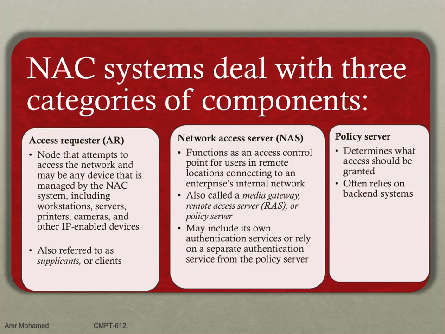Is that clear? Sometimes they call it media gateway or remote access server. It may include its own authentication services separate to the authentication server, and may use authentication service from a policy server. The policy server here refers to a separate system.